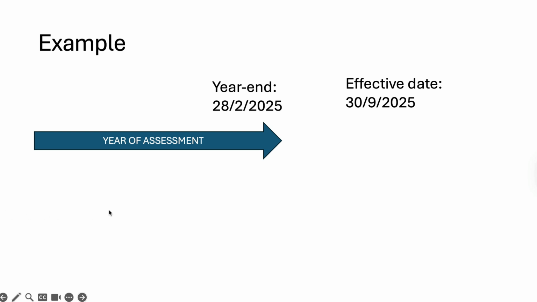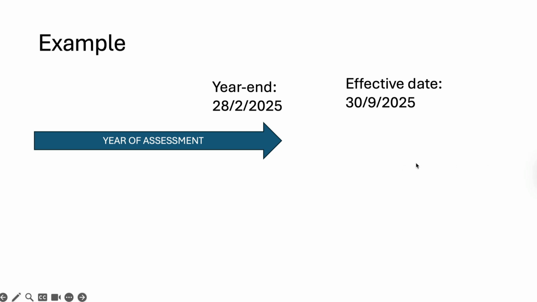Now, let's say that tax liability comes out at 800,000 Rand. If you've only paid through your first, second, and third provisional tax payments 600,000 Rand, then what we're saying is that outstanding amount of 200,000 Rand will carry interest. In this case, from the 1st of October 2025 through until that assessment is raised.